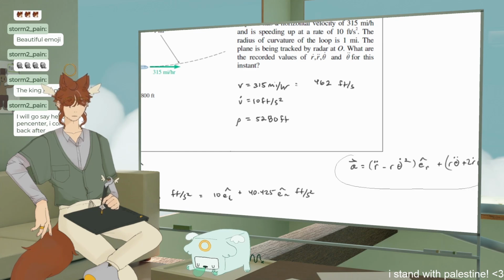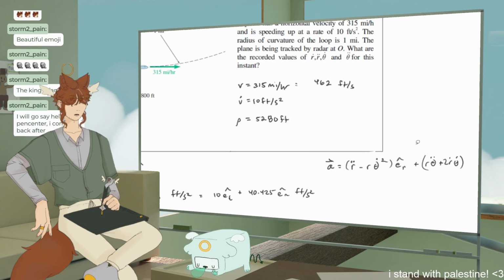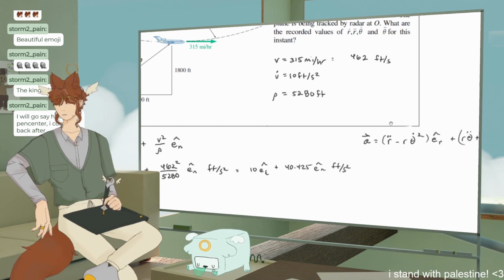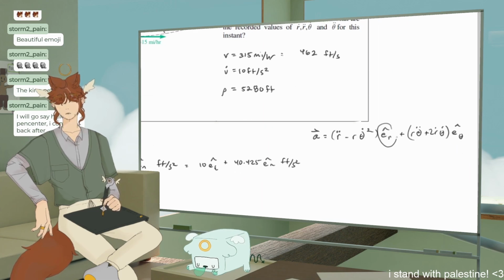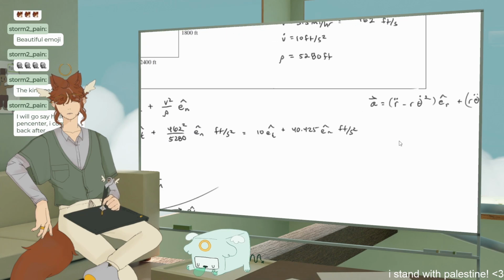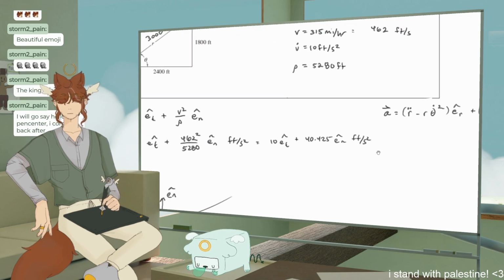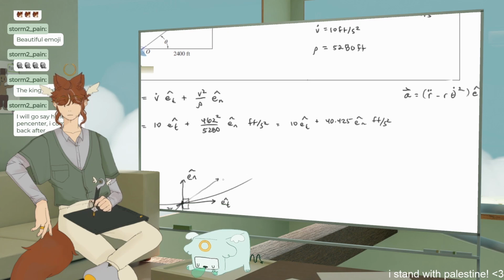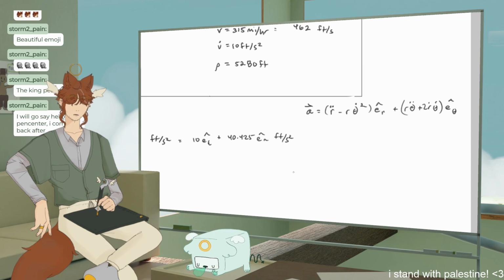Let me move this over just a little bit. Theta. If we can find the magnitudes of R, ER, and E theta, then we can find our r dot.